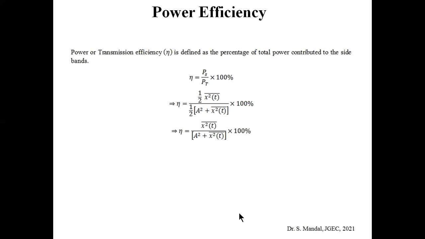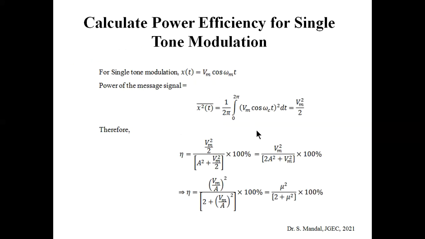Efficiency is Ps by Pt into 100%. So transmission efficiency is half x square t mod by the total power, A square by 2 plus half x square t mod. Cancelling both halves, you get x square t mod by A square plus x square t mod, into 100%. That is the efficiency.